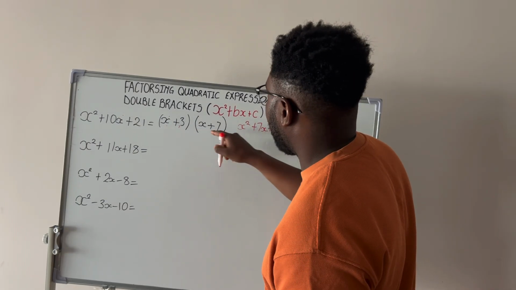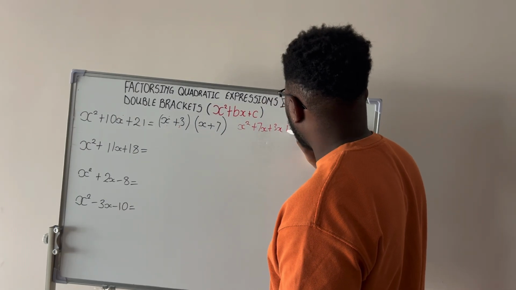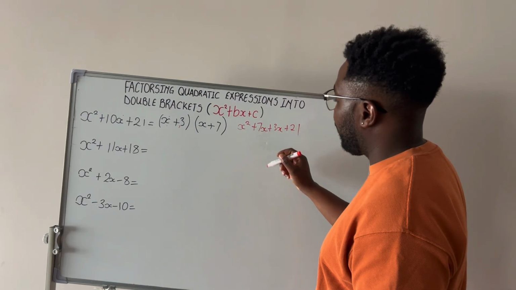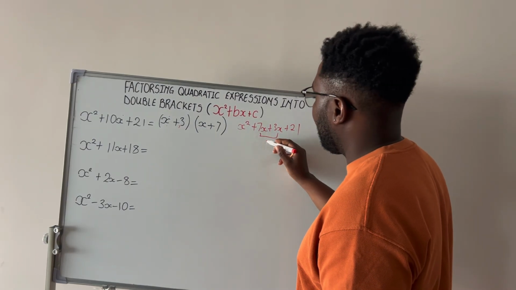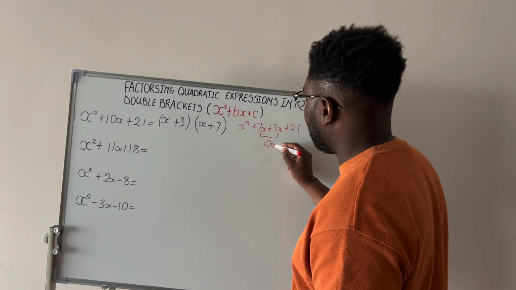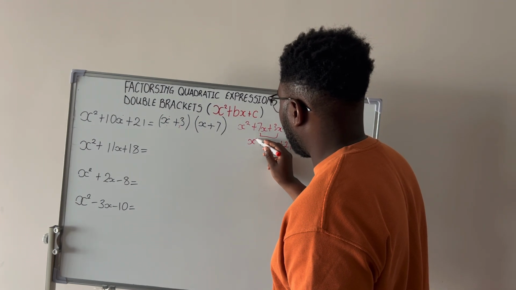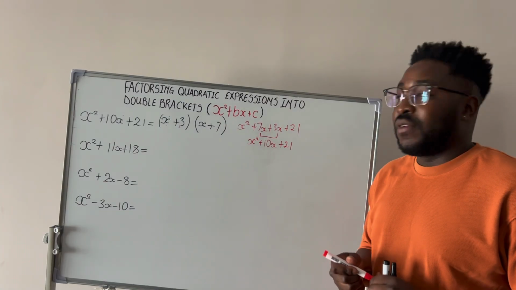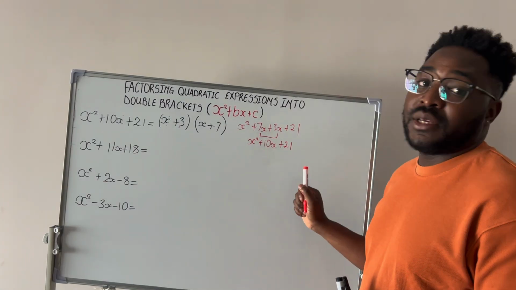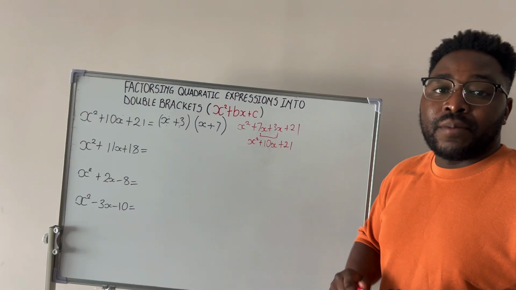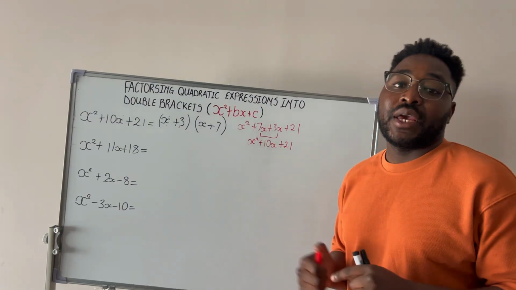And 3 multiplied by positive 7 over there gives me positive 21. We have our two like terms over here. If we add them, those give me positive 10x, plus 21 over there, and I bring down my x squared over there. So there you go. As you can see, our factorized expression over there is okay, right?